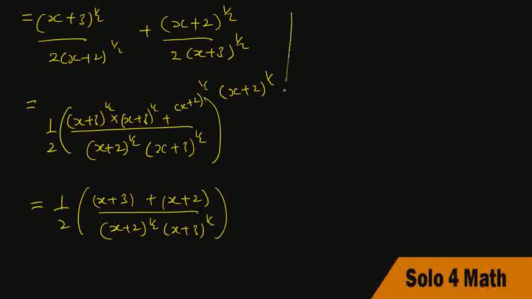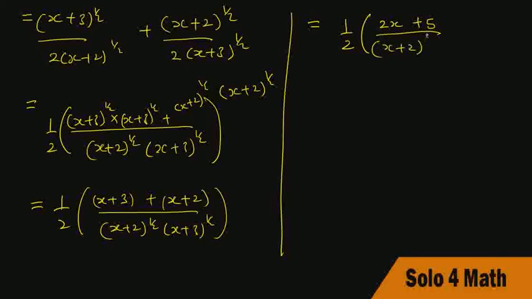So writing it in a better way, this will be a half into (2x plus 5) over (x plus 2) to power half into (x plus 3) to power half, which I can write as (2x plus 5) over 2 into, most of this work is just simplifying.